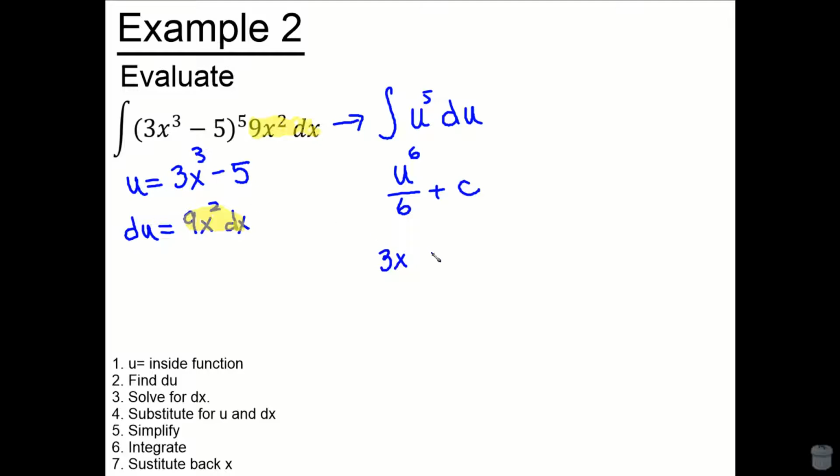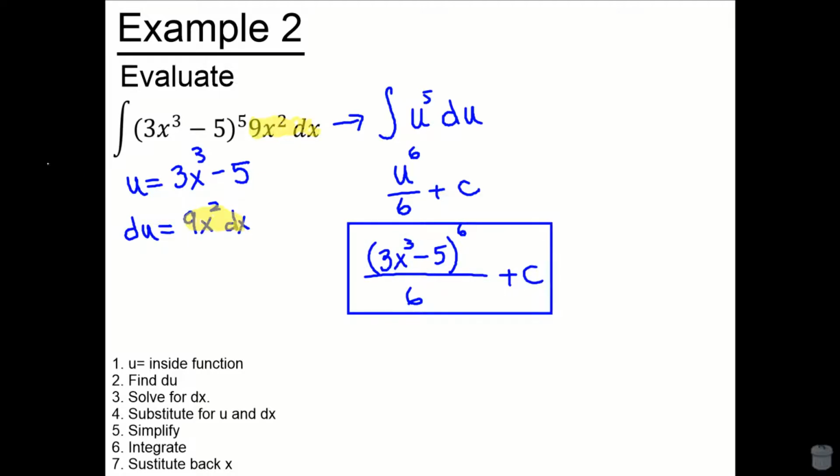This is going to be 3x cubed minus 5, and that's raised to the 6th power over 6 plus our constant. And there is our box for the final answer.